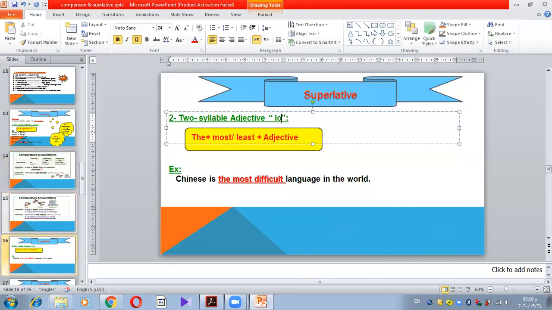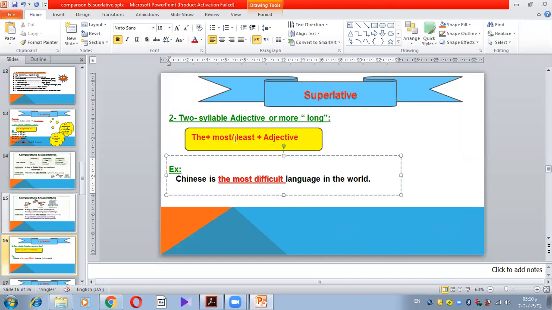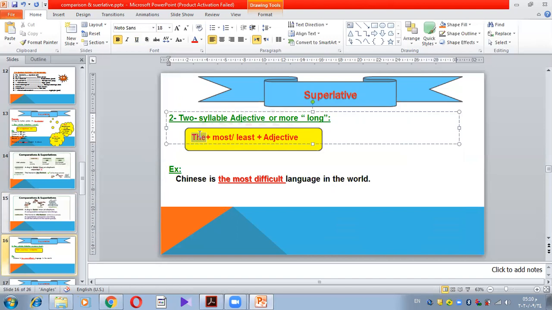Then we have two syllable adjectives or more. Okay, two syllable adjective or more. What shall we do with this? Okay, the, as we said, we have to put it, and then most or least. The most or least, and then the adjective. We don't add anything to the adjective, because it's difficult to pronounce it.